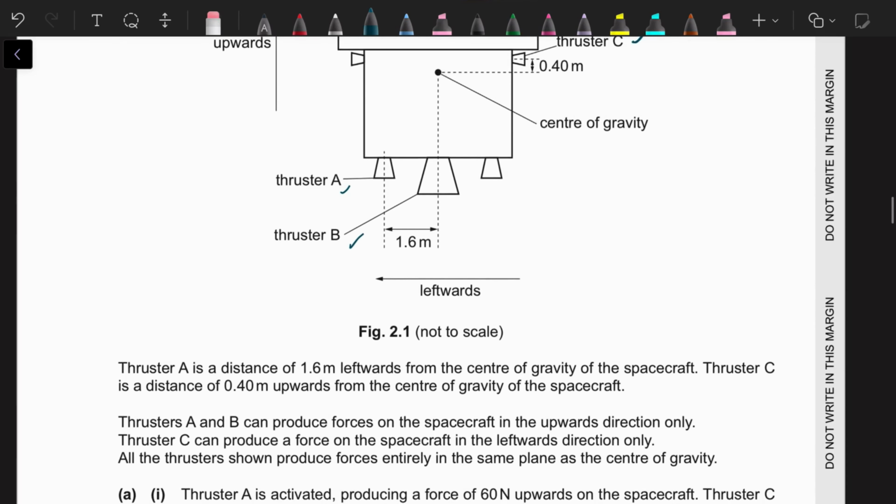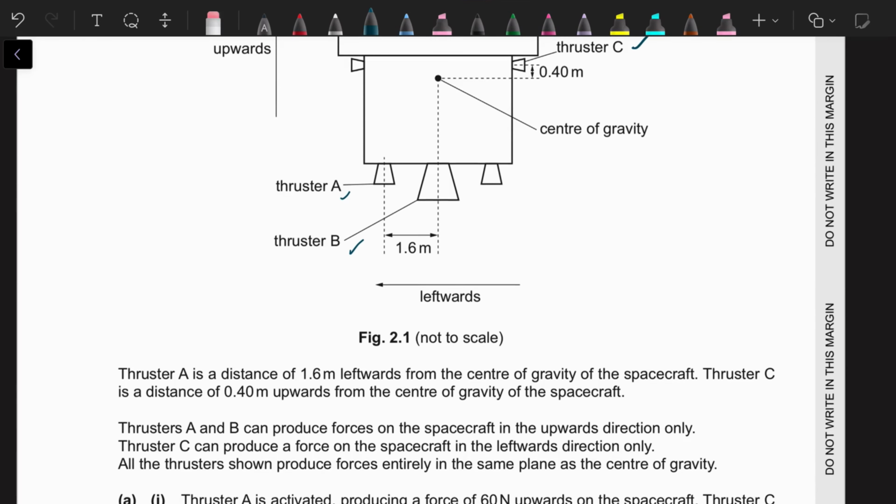And then they said thruster A is a distance of 1.6 meter leftwards from the center of gravity of the spacecraft. Thruster C is a distance of 0.4 meter upwards from the center of gravity of the spacecraft.